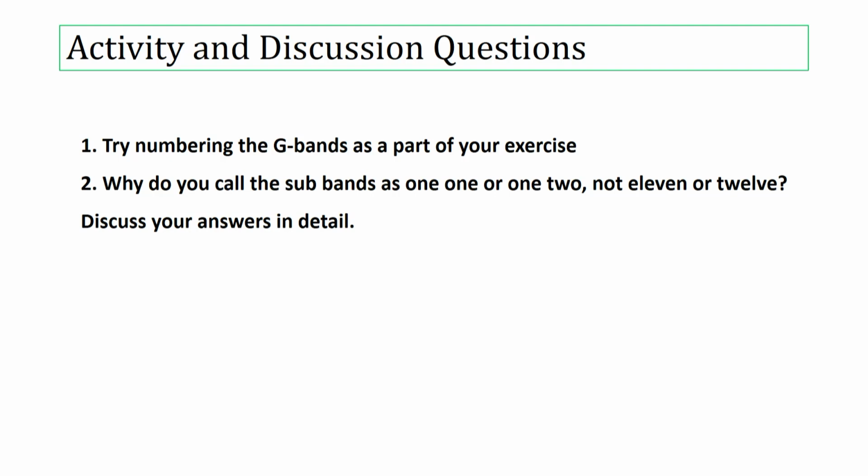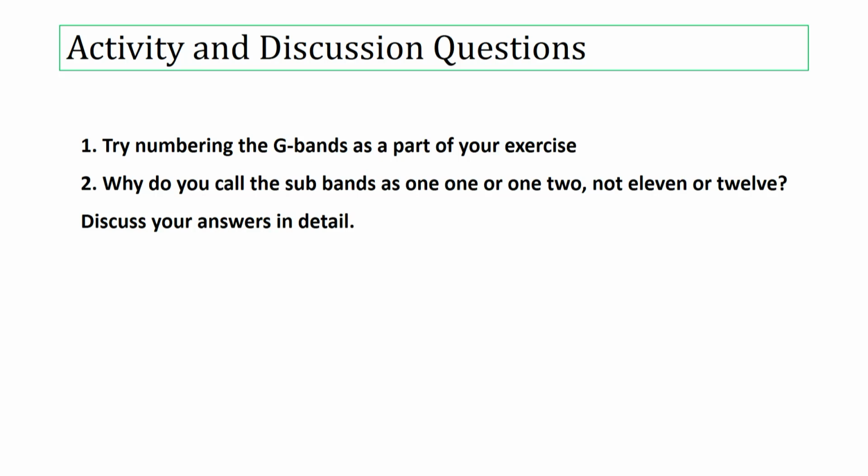I will suggest try numbering G bands as a part of your exercise. So you take G band chromosomes and you do the exercise that this is band number 1, this is band number 2, this is band number 3. For each chromosome, you can say that this is chromosome 5, this is chromosome 6, and so on.